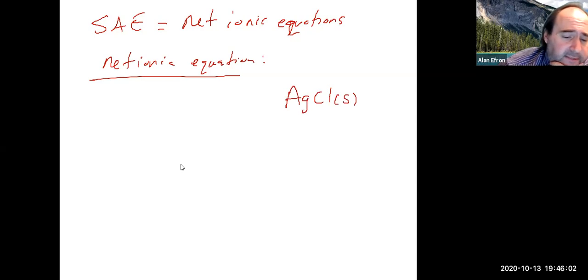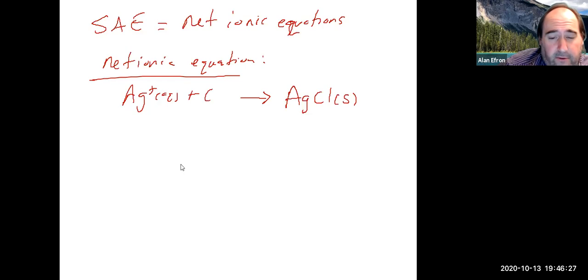Especially in a precipitation reaction, if you know that one of the products is going to be a solid, as you hopefully have seen where we go from molecular equation to total ionic equation to net ionic equation, our solid basically stays together. So you could work yourself backwards and start with the solid and say, this solid is made up of a silver ion and a chloride ion, and you will have your net ionic equation pretty quickly.